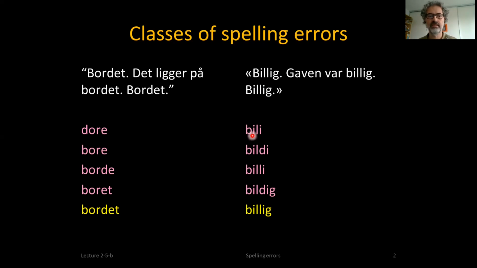So it has the wrong vowel. It has a long vowel there. So it is the same kind as this error from this point of view, but it concerns a much more demanding aspect of Norwegian orthography because you spell the vowel in part by how you represent the consonant.